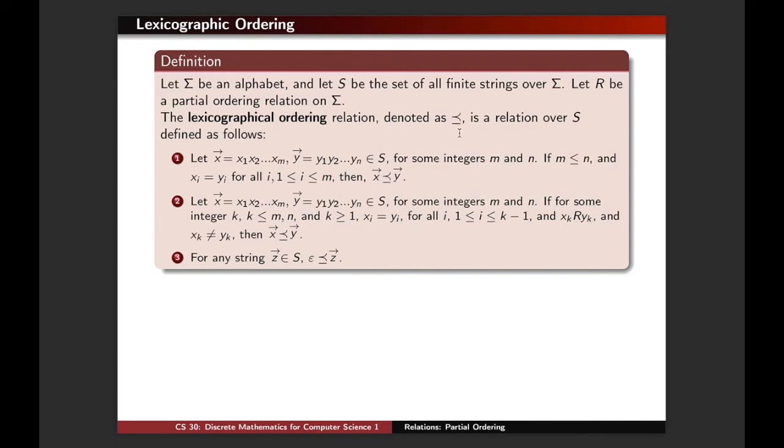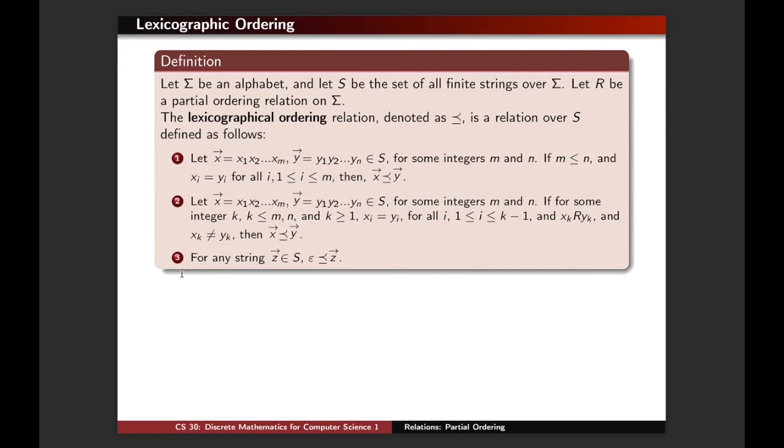We can observe that this is similar to the less than or equal relation in numbers. We will thus read this just as in the less than or equal relation, although we will apply this on strings. Okay, the lexicographical ordering relation, denoted by this symbol, is a relation over S, the set of all finite strings over sigma, defined as follows.